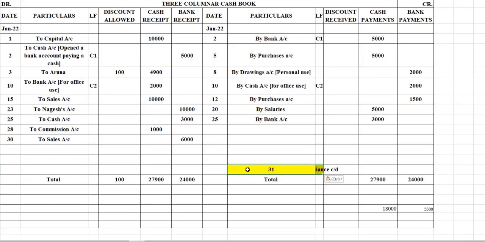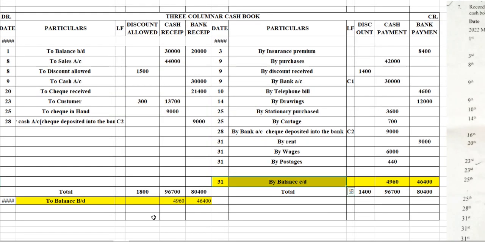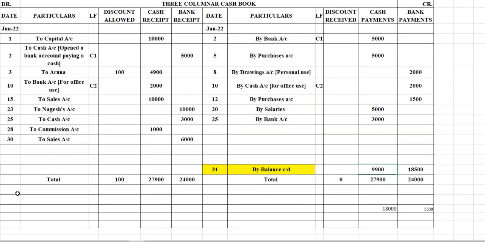Okay. On 31st, by balance carried down, 27,900 minus 18,000 is 9,900 is the balance carried down here. 24,000 minus 5,500 is 18,500 is the balance carried down. Here again I will copy this balance brought down just to avoid time consumption.